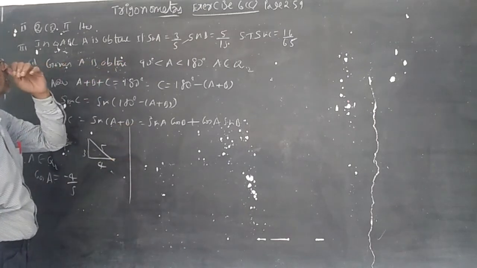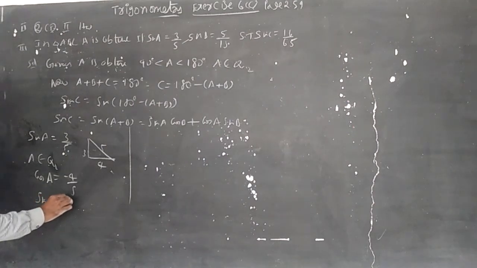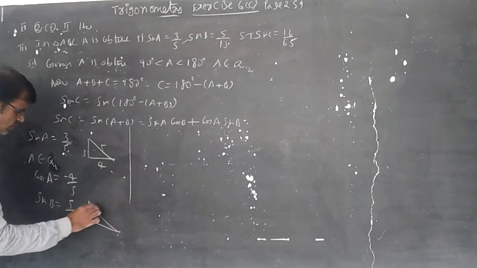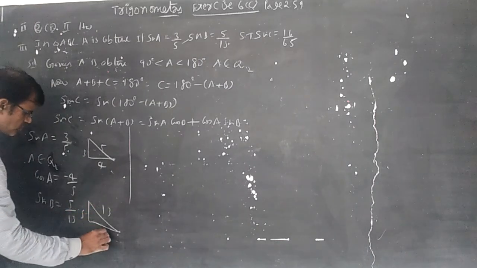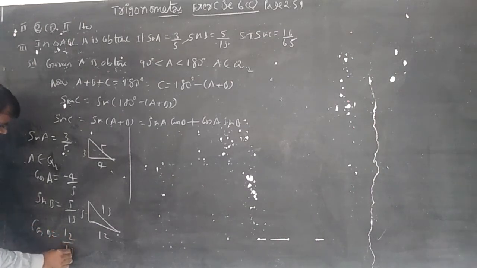About B, nothing is said, so B is only positive. Sin B is equal to 5 by 13. Draw here, this is 5, this is 13, this is 12. Now cos B is simply 12 by 13.